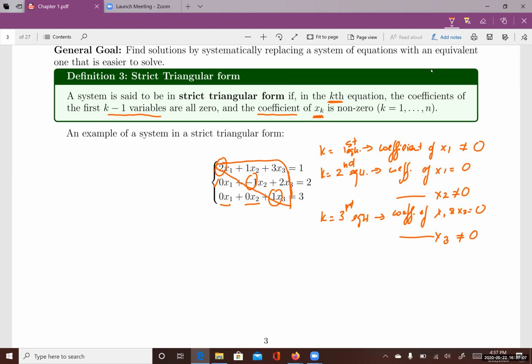Now, why do we want to look at a strict triangular form? It is because if you look at the strict triangular form, you can solve your system easily. For example, look at this system, which is already in strict triangular form.